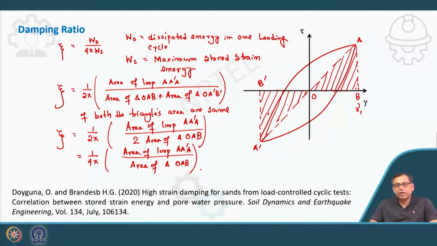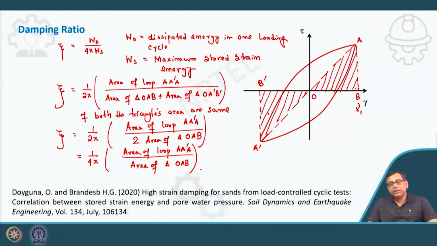So I have given you one reference paper where you will get the different approaches used for high strain damping ratio calculation, so that you can see from this paper. This is the preliminary idea that I have given about the different approaches, that means the linear approach, non-linear approach, equivalent linear approach.